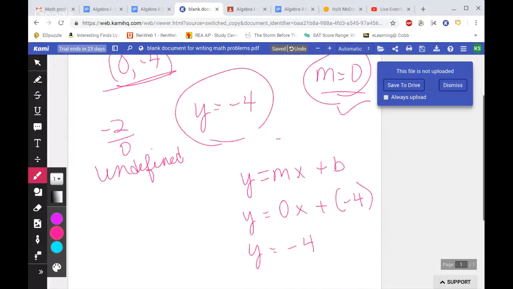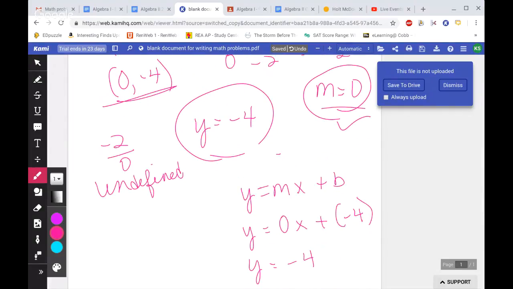So if I take all of the values that I find and I plug those in, I've got a 0 in for the m, and I've got the -4 because I know this is the y-intercept. So 0 times x, 0 times anything is 0. So that's why that cancels out, and I'm only left with this.